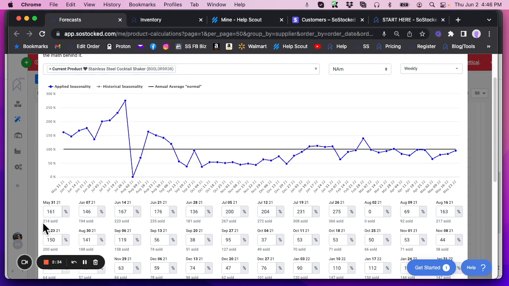So we take 214 divided by 161%, which equals 133 units. That means our average for the year is about 133 units per week, and we are 161% of that. This year, we're going to apply 161% of our current average.